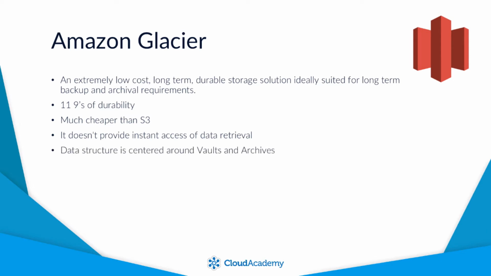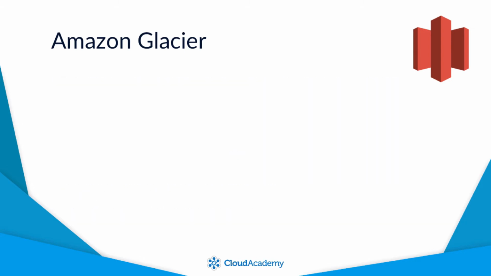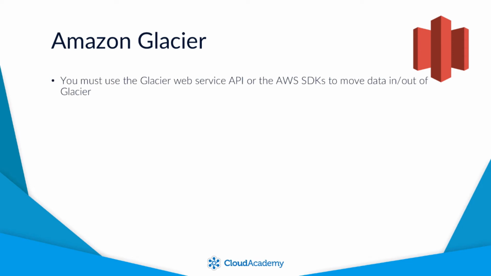The data structure is centered around vaults and archives, and a Glacier vault simply acts as a container for Glacier archives. Within vaults, data is stored as an archive, but you have unlimited archives within your Glacier vaults. The dashboard within the console only allows you to create vaults, and if you want to move data into or out of Glacier, you have to be using the Glacier Web Service API or one of the AWS SDKs.